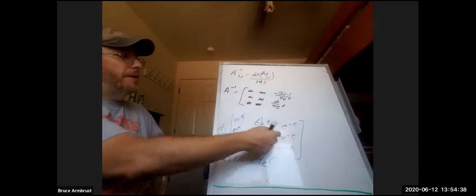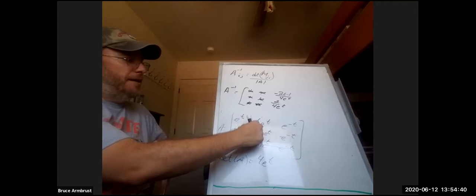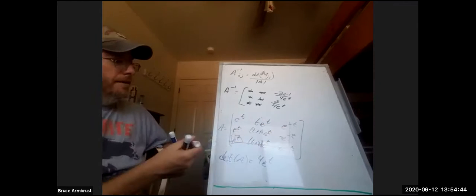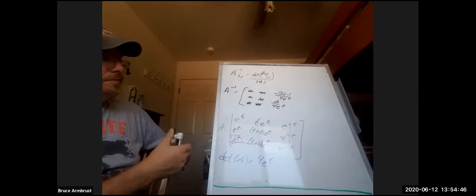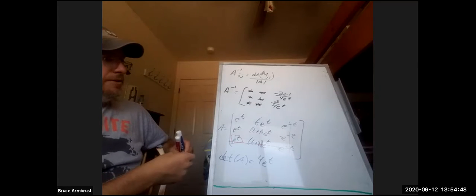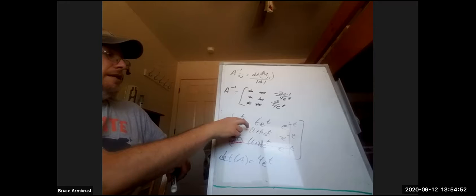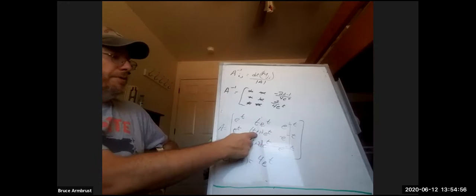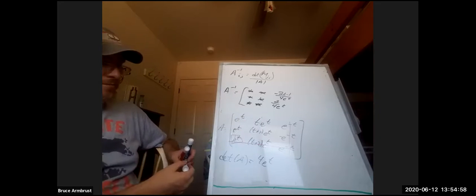Okay, so then when I finally want to go to the 3-3 spot, I need to do the same thing for the 3-3 minor. Okay, so this time the e to the t's don't go away, because e to the t times e to the t is actually e to the 2t. But we're going to get t plus 1 of them minus t of them. So that just leaves us 1 e to the 2t.